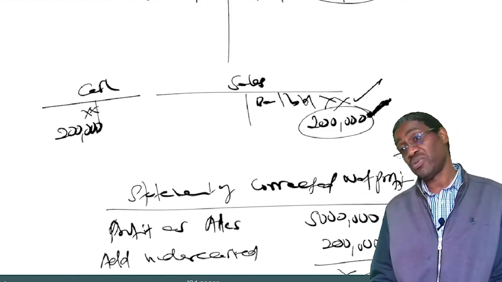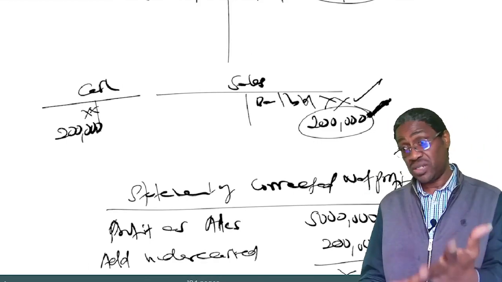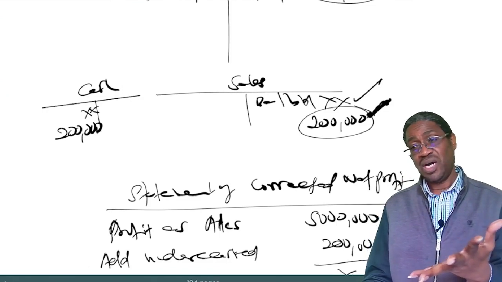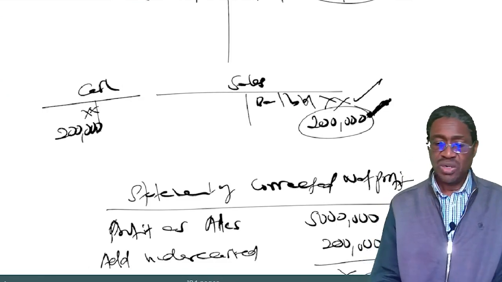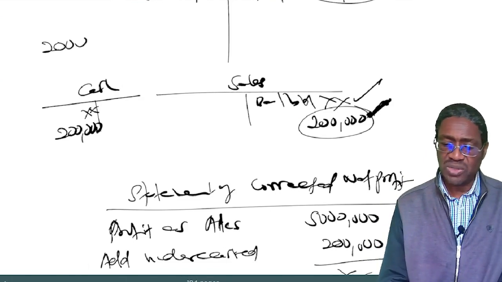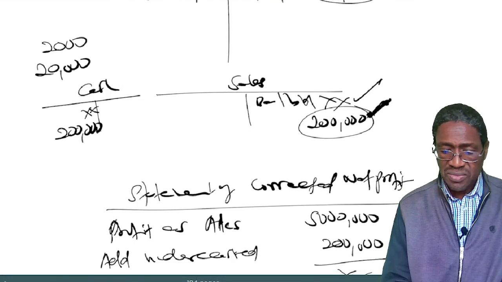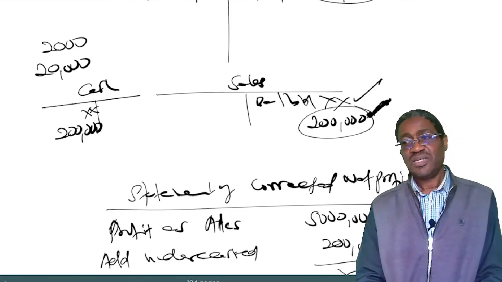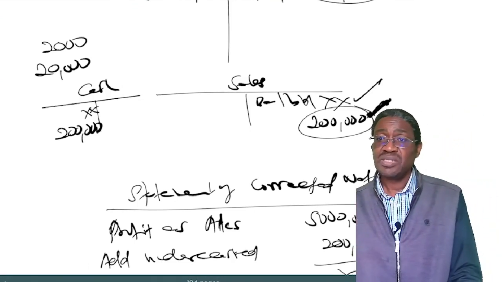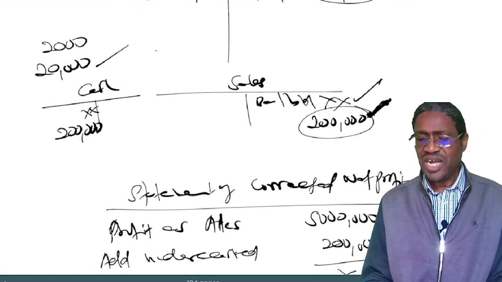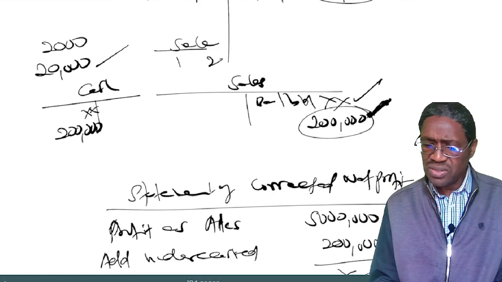Like for example, if you had recorded sales, an error of original entry, where you recorded sales of 2,000 as 20,000. The trial balance will still balance. You debited cash by 20,000 and you credited sales by 20,000.